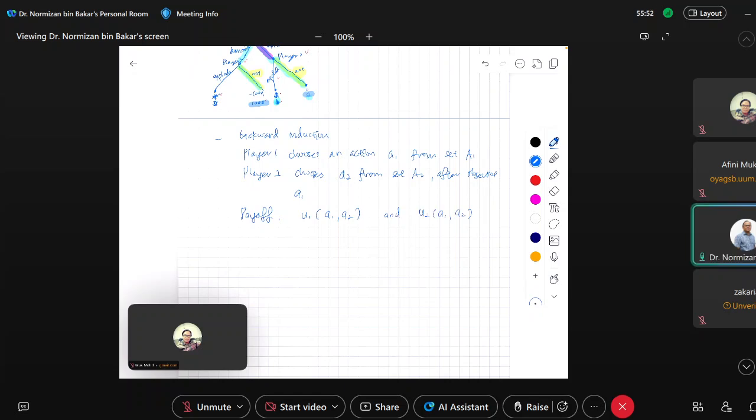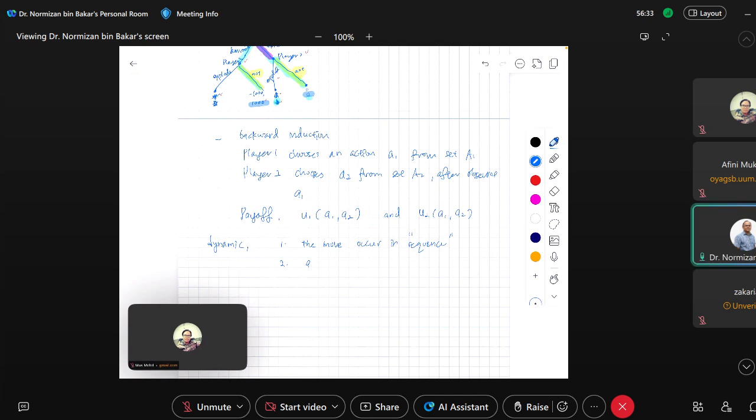Right. So in the dynamic game, the moves occur in sequence. And then all previous moves are observed.